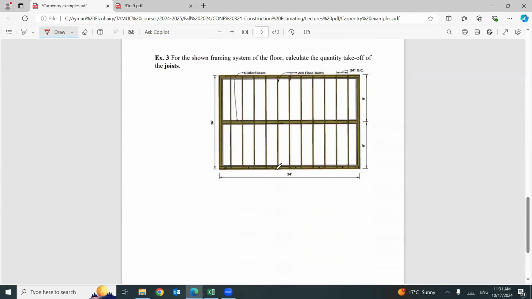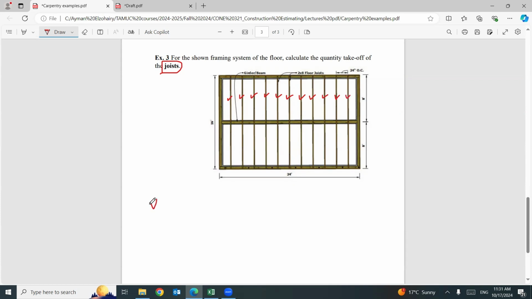The last question I would like to cover today, we have a framing system for the floor. For the framing system for the floor, I will focus only on the joists. If you look at the given information, we have here cross beams, this one, 2, 3, 4, 5, 6, 7, 8, 9, 10, 11.